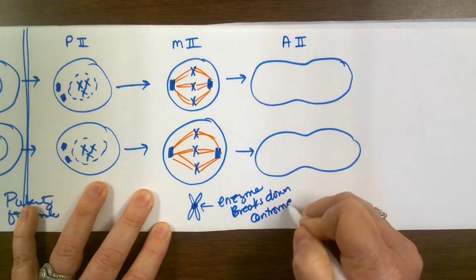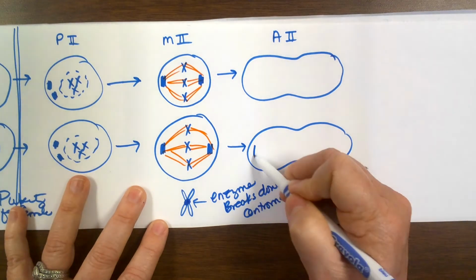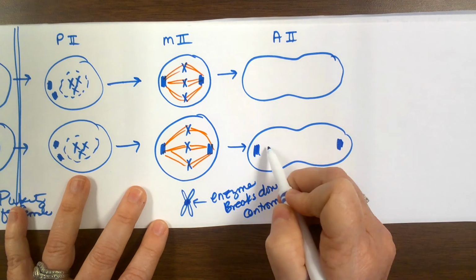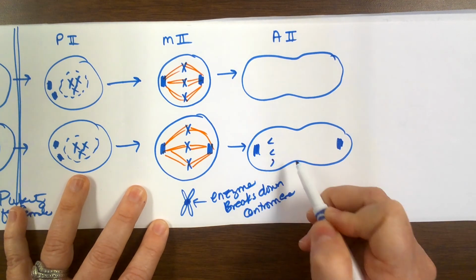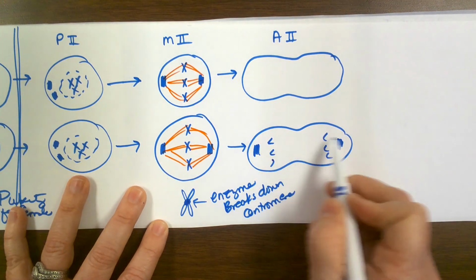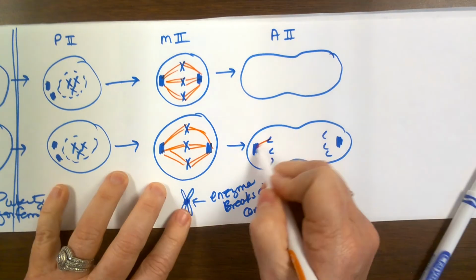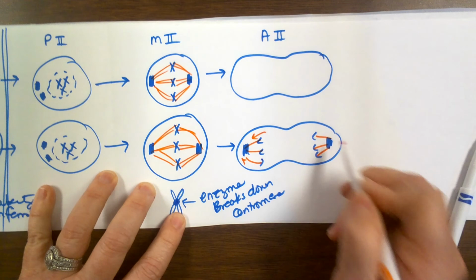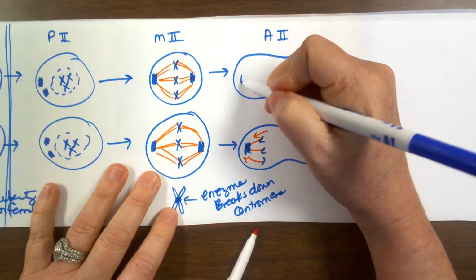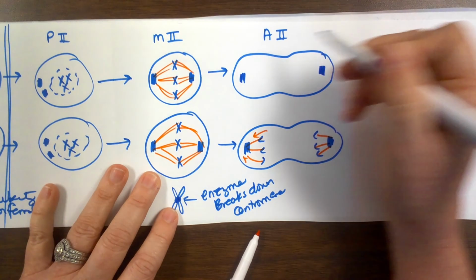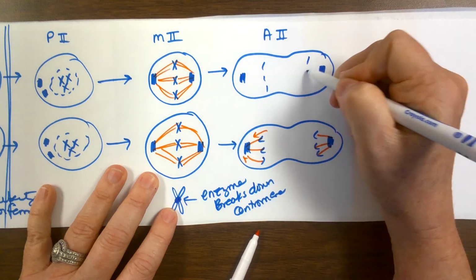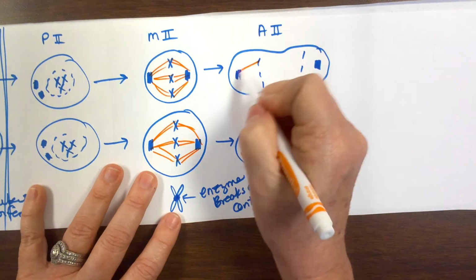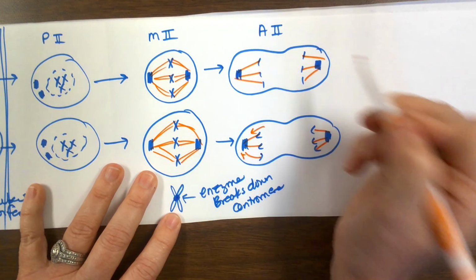When that glue is gone, then we can play tug of war, and then all of a sudden I get to rip the sister in half, okay? And this gets pulled that way rapidly. So we're just tugging it back towards these two new nuclei. These centrioles, I'm going to rip these in half and pull them this way, okay?